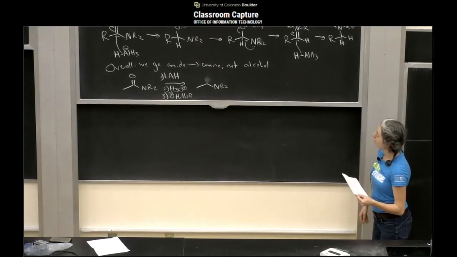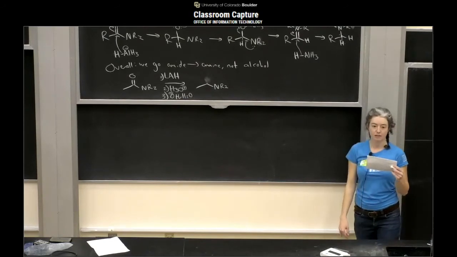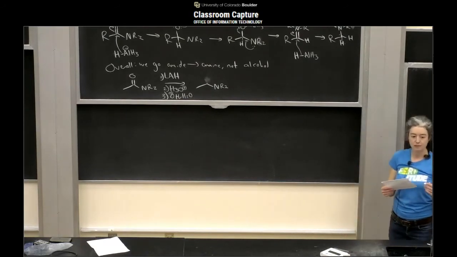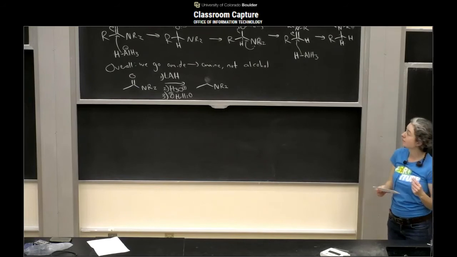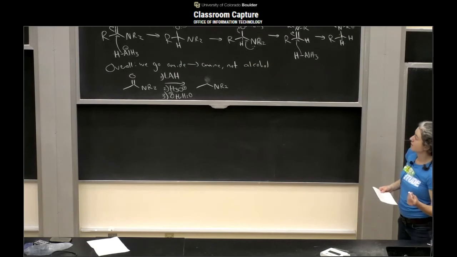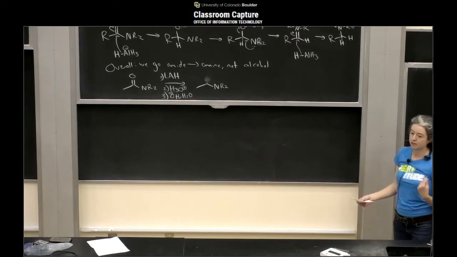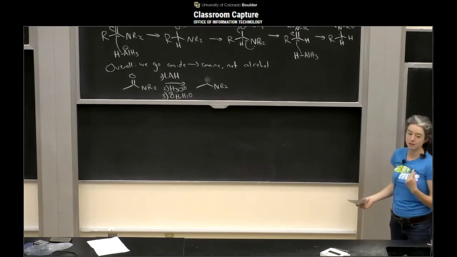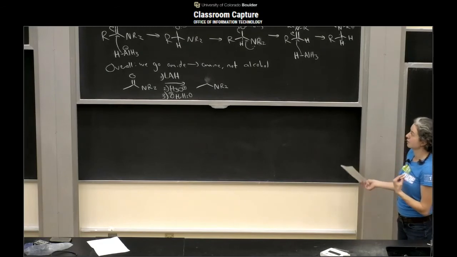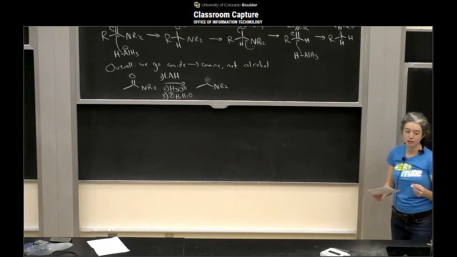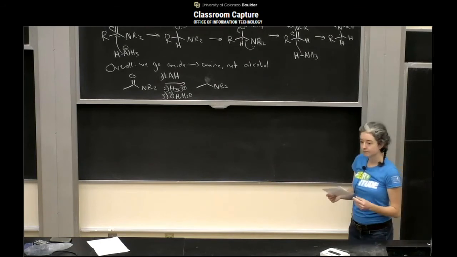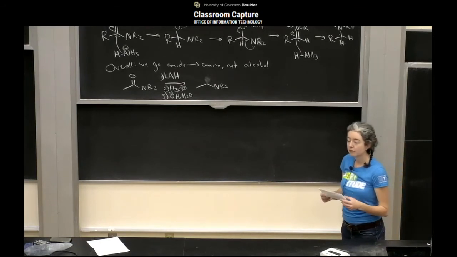Okay, so questions about that? Yeah? So the differences in these just based off the ability of the leaving group, the NR2 versus the OR? Yeah, exactly. So kicking out a nitrogen with a negative charge we know is not as favorable by pKa. And so kicking out the oxygen, especially if it's stabilized on the aluminum, is a better way to go. Say again?